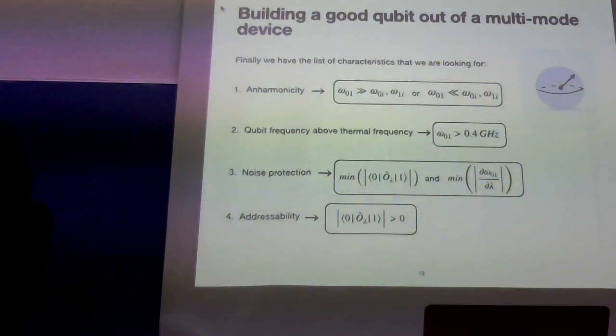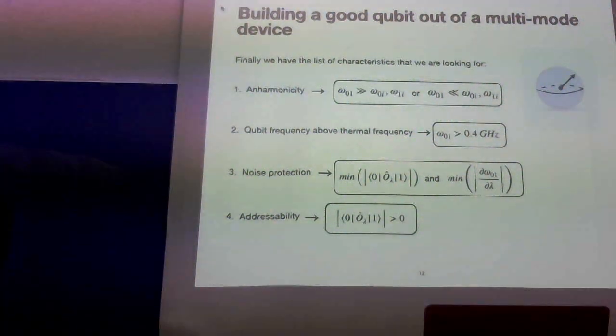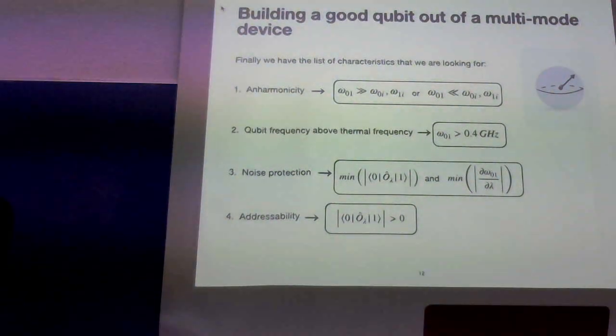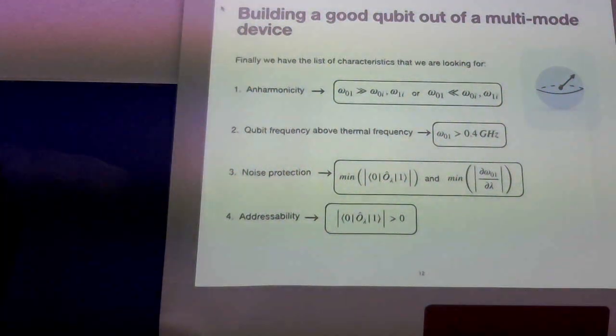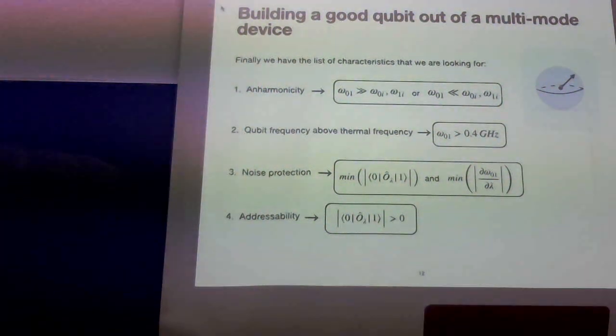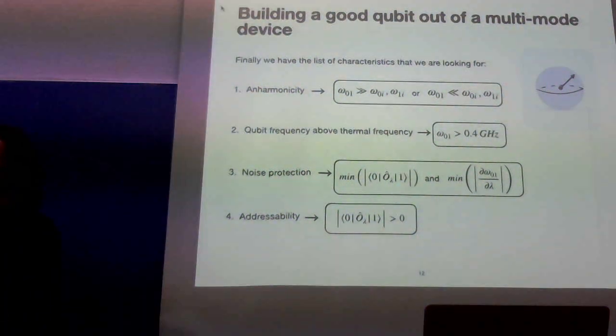Then run the algorithm a lot of times, find a lot of circuits that fulfill this, and then rerun the optimization and now ask for the other ones. Because if you ask for everything at the same time, it's too much for the optimization. It's better to do it step by step. Multi-objective optimization gets the Pareto front of different features and so on.